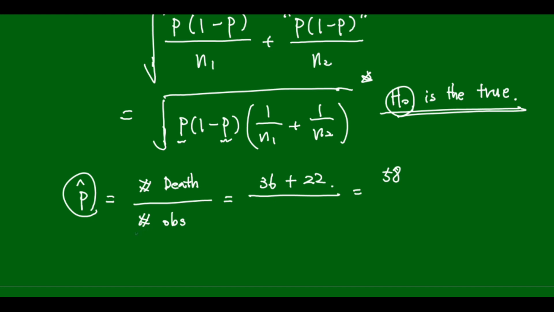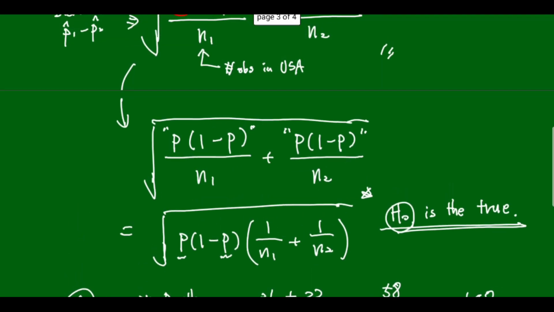And the number of observations is that we observed 95,000 people from the USA and 64,000 people from Italy, so in total 159,000 people. So our p hat is 0.3647.